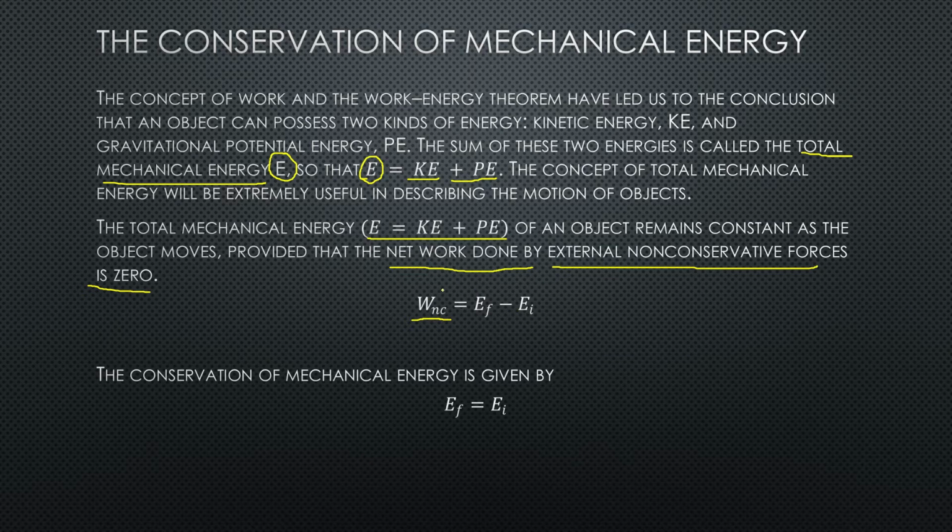So when the net work done by the external non-conservative forces is equivalent to zero, that becomes zero equals final mechanical energy minus initial mechanical energy, and this becomes this equation.